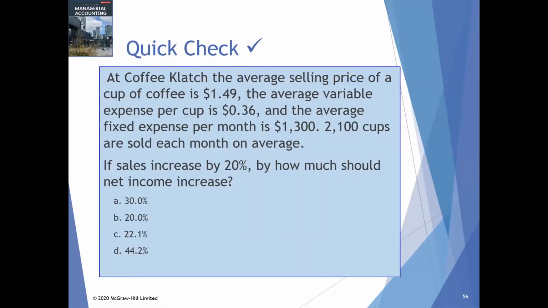Now, next question. If the sale increased by 20%, by how much will net income increase?